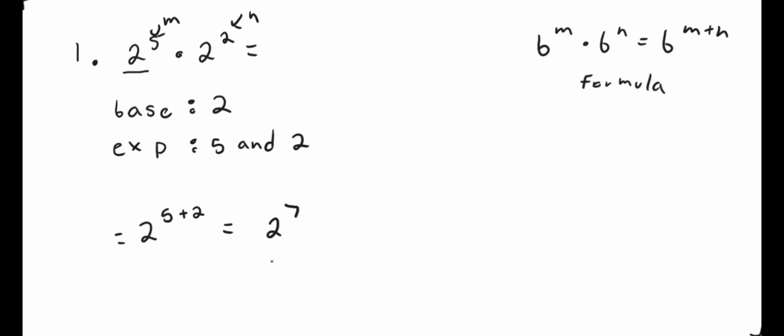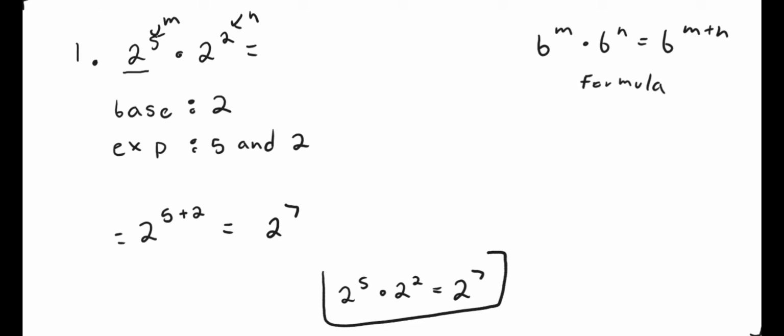If you would like to figure out whether or not you did it correctly, just do it yourself. Just expand it out, but definitely 2 to the power of 5 times 2 to the power of 2 does equal 2 to the power of 7. So this is correct.